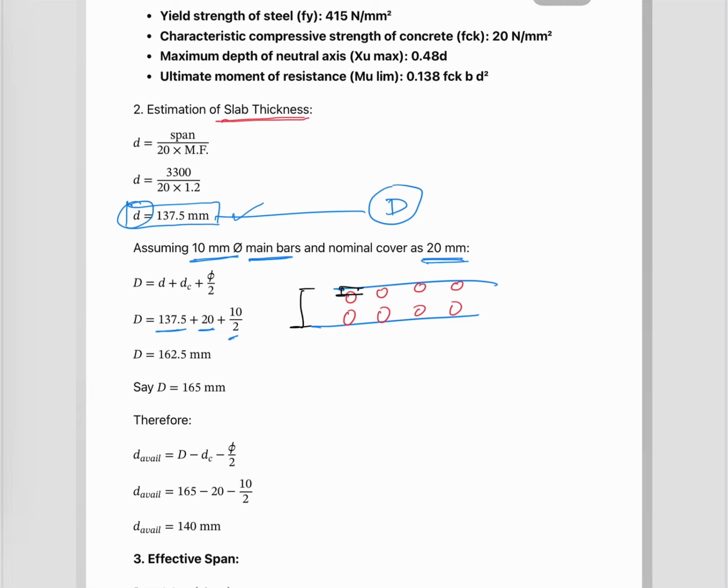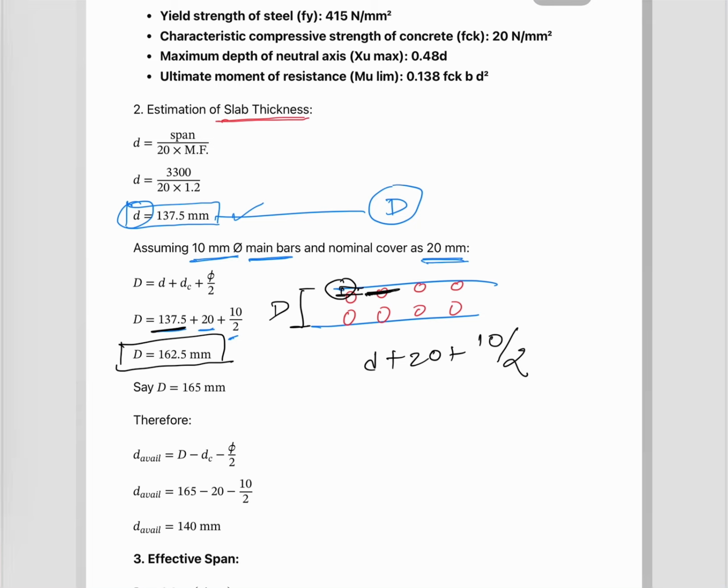So the overall depth is calculated by 137, which is small d, plus this clear cover, which is 20, plus the bar diameter 10 divided by 2. So it gives us D equals 162.5.